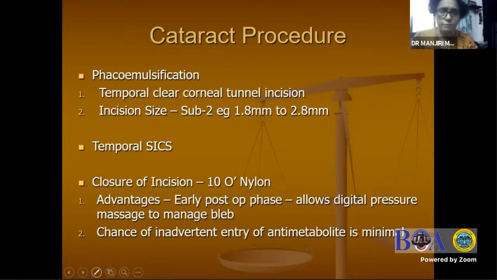The advantage of this is that in the early post-op phase, it allows digital pressure massage to manage the bleb, and it reduces the chance of inadvertent entry of antimetabolites into the anterior chamber.